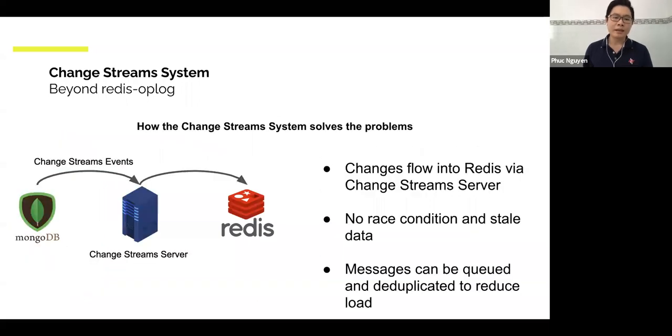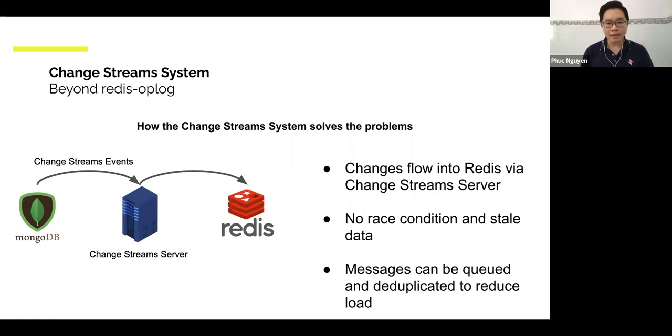So with those reasons, we started thinking about a custom solution called Change Stream System. Basically, it's comprised of a Node.js server that will listen to all of the changes coming from our MongoDB via a feature called MongoDB change streams.